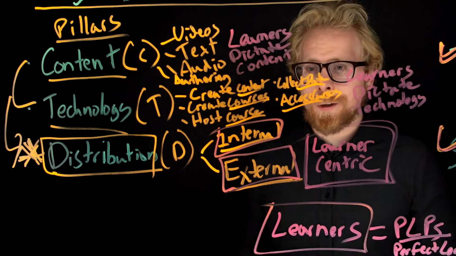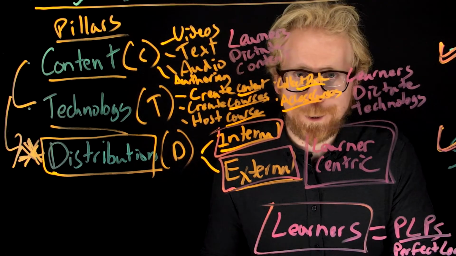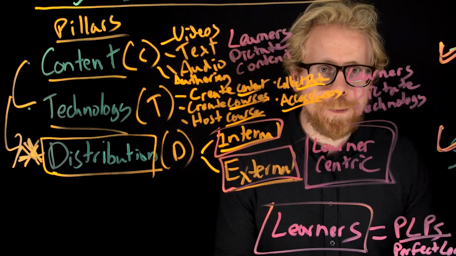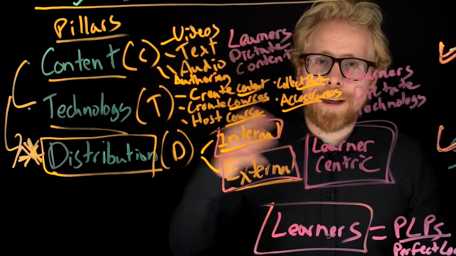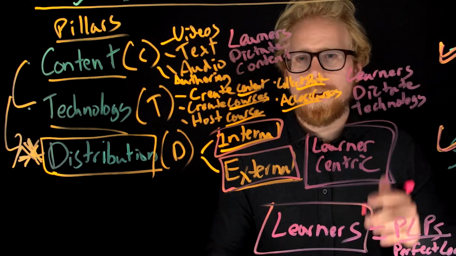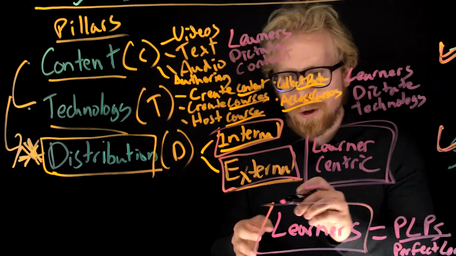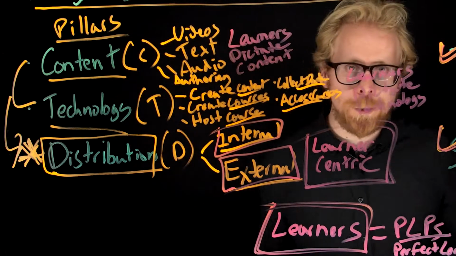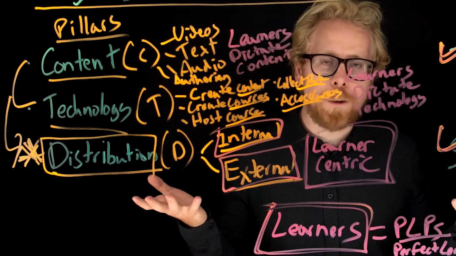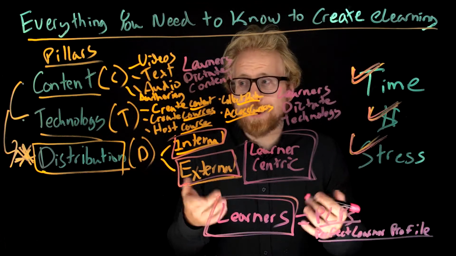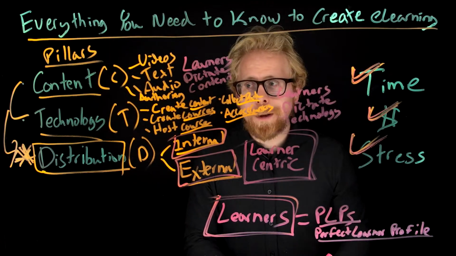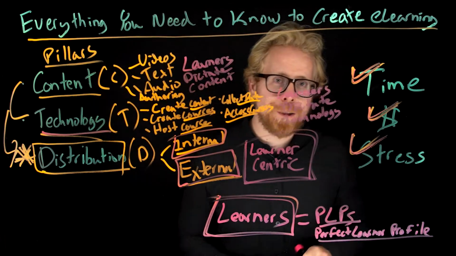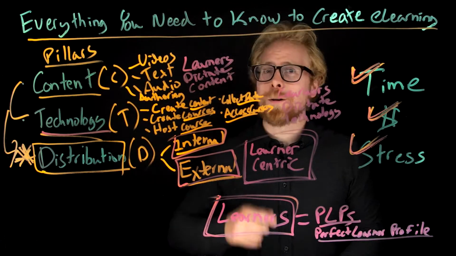They spent all this money on implementing this e-learning technology, no one wants to use it, and now they have to spend all this time and money and stress getting their learners to actually use it. What happens though, when you start with your learners and build the foundation of CTD based on your learners, that'll never happen. Because you can actually launch your e-learning program without any special e-learning technology. You're going to have to check out some other videos on our channel though to learn more about that.